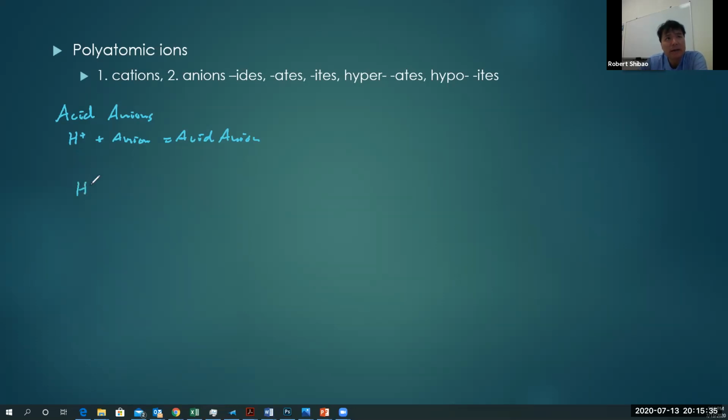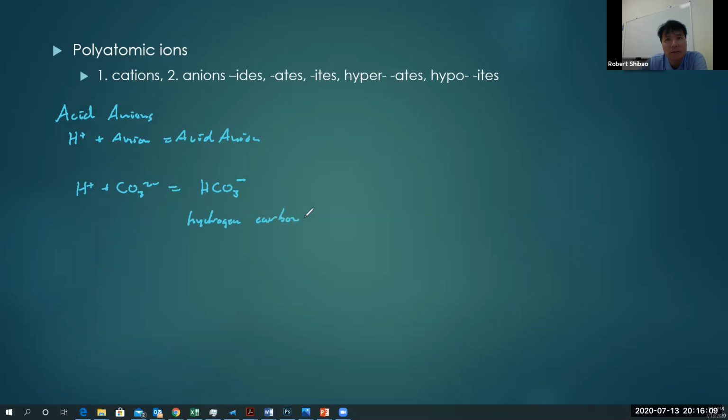Let's look at some common acid anions. A common one is if I take H+, which is acid, and we'll talk more about H+ later, and add that to carbonate, I'm going to form an acid anion. It's going to be HCO3. Now what happens with the charge is I have a positive charge here and a 2 minus charge here. So +1 minus 2 gives us -1. So this is an acid anion. This acid anion has a very simple name. It's called hydrogen carbonate, two words.